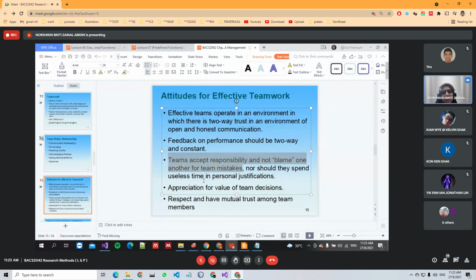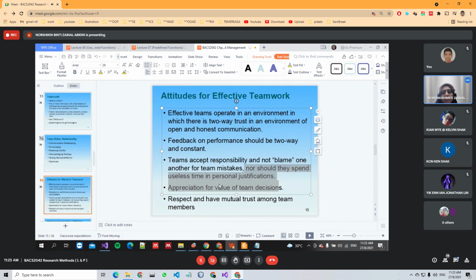Here I can see two points. First, teams accept responsibility and do not blame one another for team mistakes. So instead of finding who to blame, don't waste your time. Don't blame your friends. Instead, try to find the root of the problem and how you can solve it. Blaming won't solve anything.